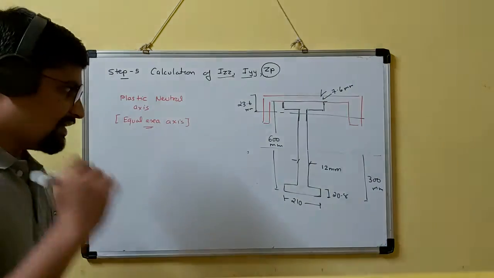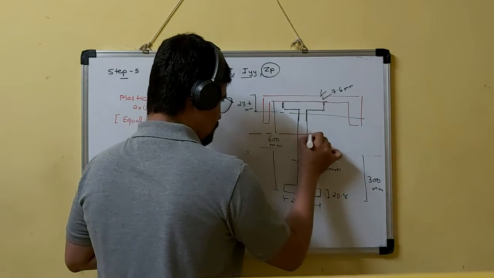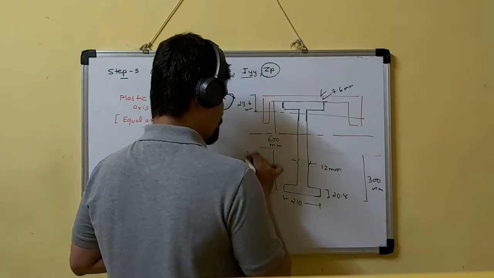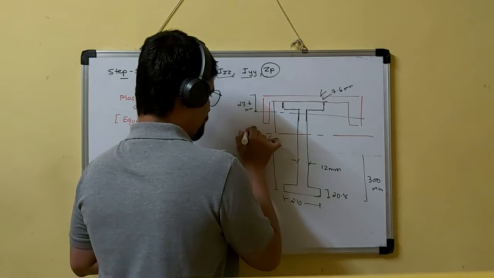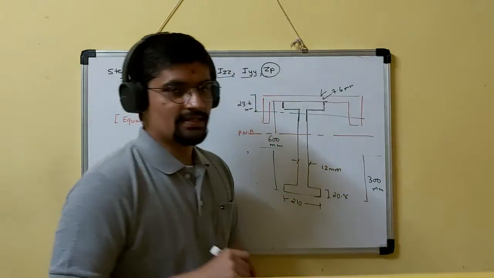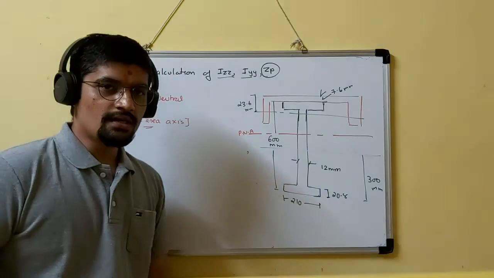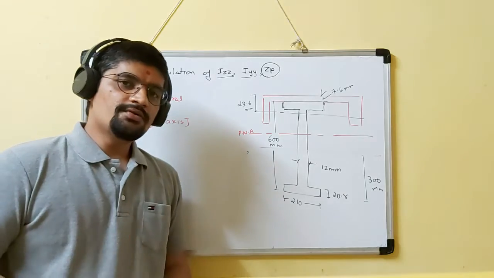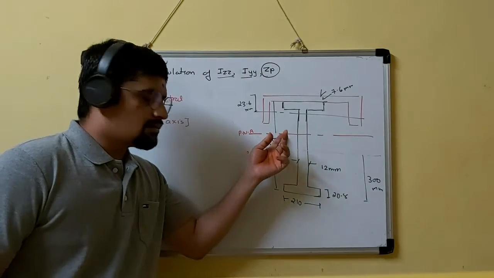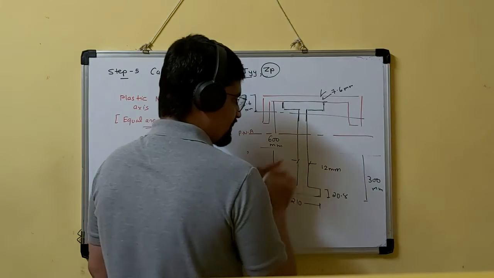So let us assume that this is our plastic neutral axis, PNA. The above portion and the below portion have equal area. How will we know that there will be equal area? Now this is the center of the I section.